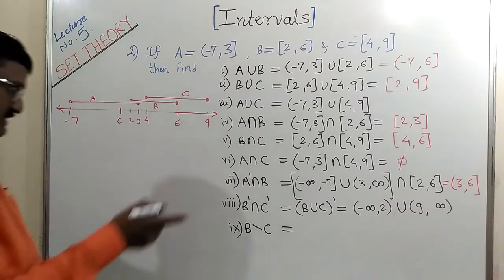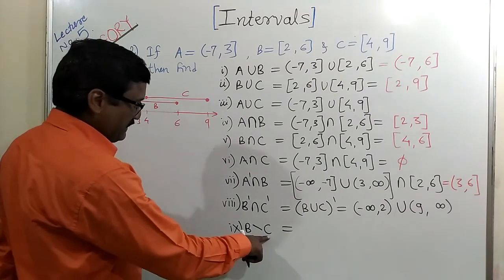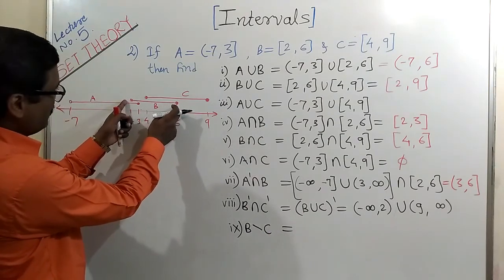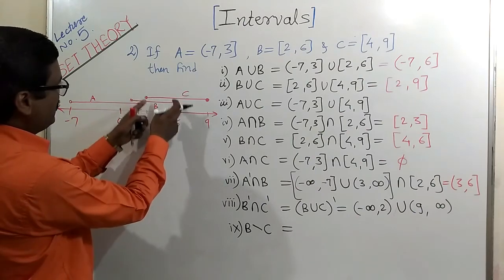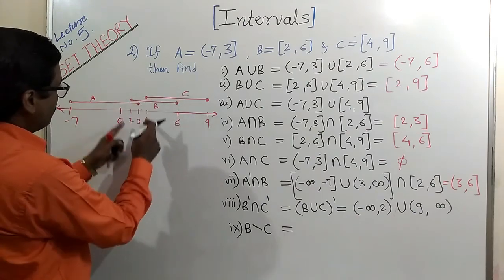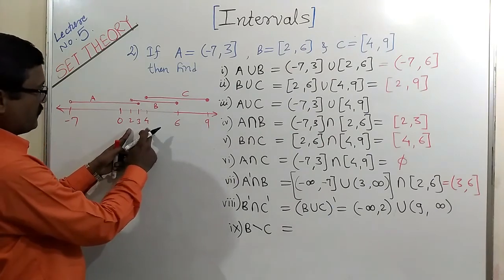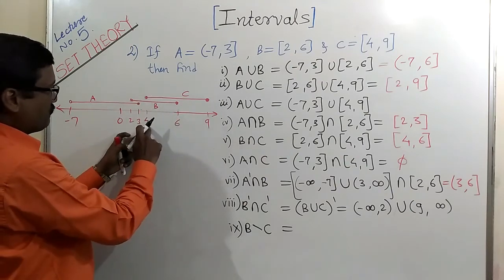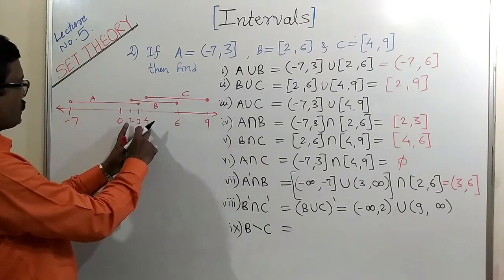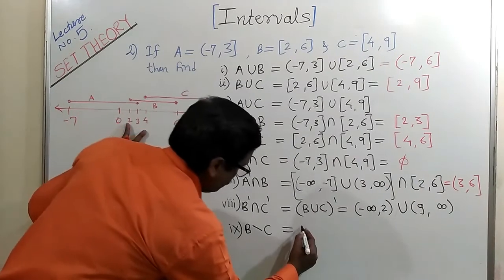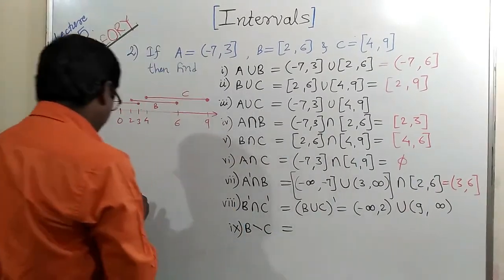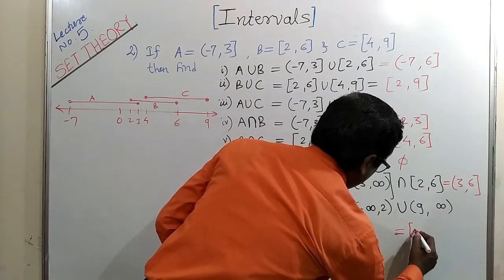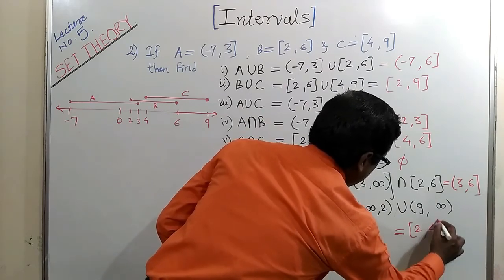B difference C means the elements from B which are not in C. Since B is here, subtract the portion of C from this B. This portion is common to both B and C. So subtract it, and only this much remains. That is nothing but 2 to 4. But here 4 is included in C, and that we are eliminating. So this 4 will cancel, and open 4 remains. So the answer will be close 2 to open 4.